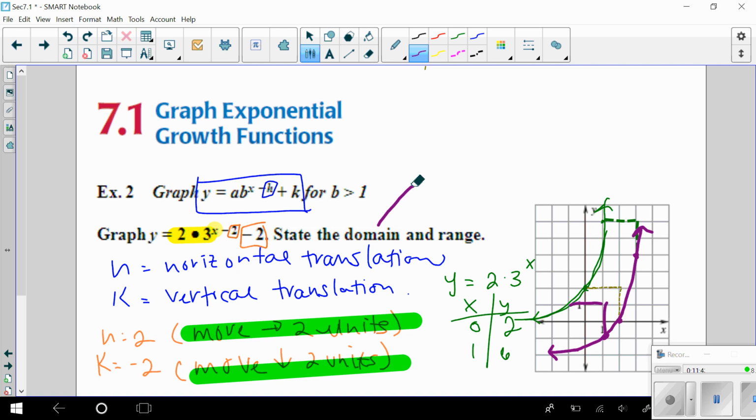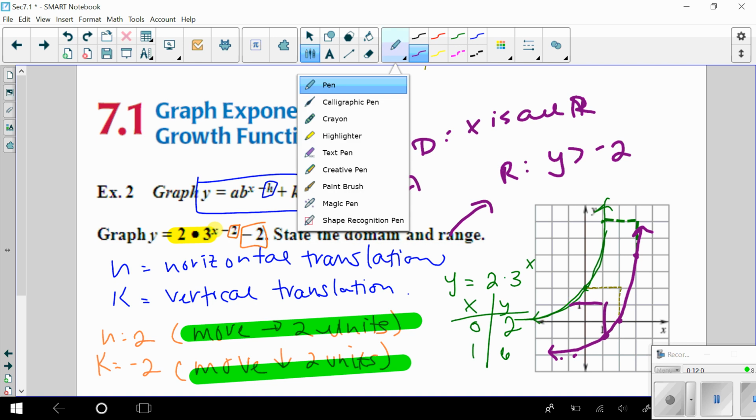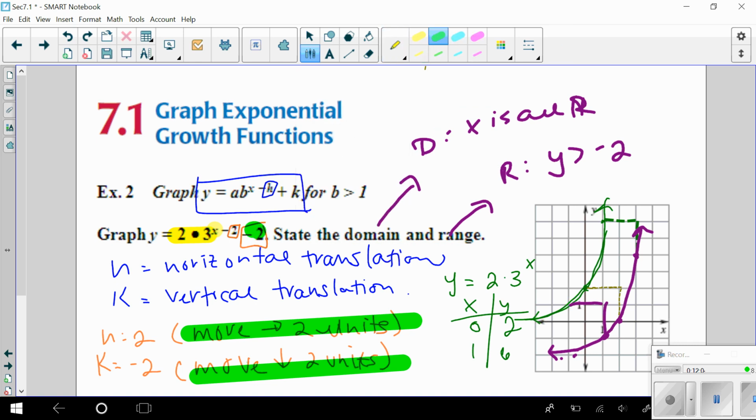So the domain and the range: the domain doesn't change. x can be all real numbers. But the range, my y, is now going to be greater than -2. That's my k value.